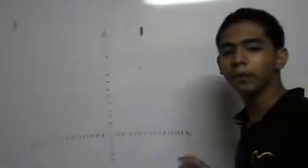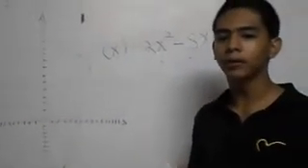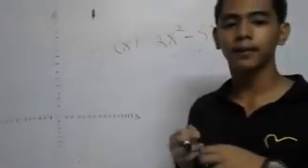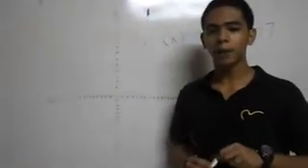The next example is f of x equals negative 2x squared minus 8x plus 7. The parabola opens downward since a is negative. The vertex h and k is negative 2 and positive 15.